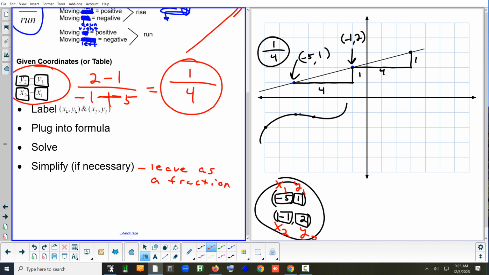You can reduce the fraction. Like let's say you did the arithmetic out and you got 3 divided by 9. What does 3/9 reduce to? 1/3. Yeah. That's fine. You can always take your slope and reduce it. But leave it as a fraction.